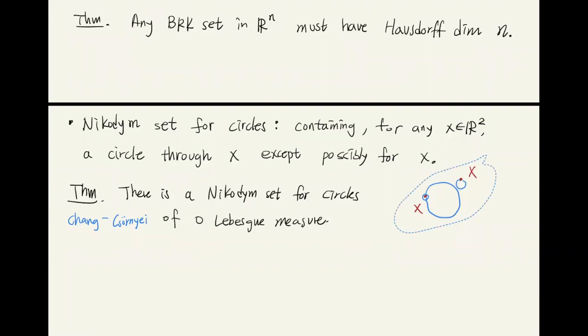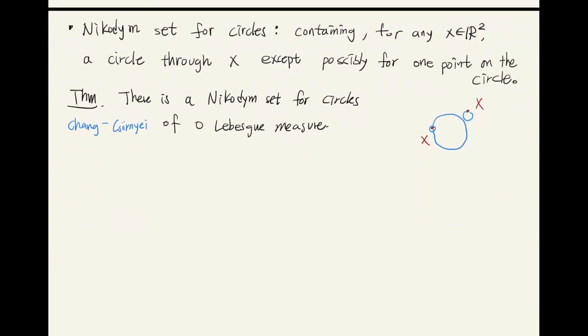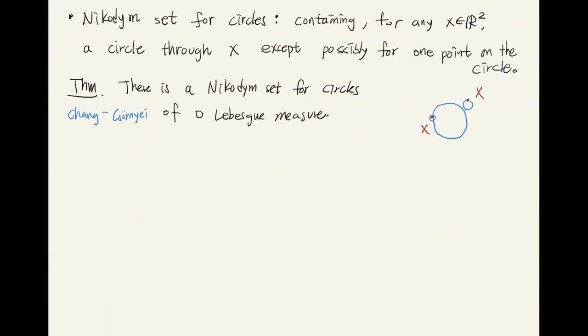So except possibly for one point on the circle. Okay, so giving a bit more flexibility. And the restriction on x is any x in R2. Yes, any x in R2, it contains a circle through x except for one point on the circle.